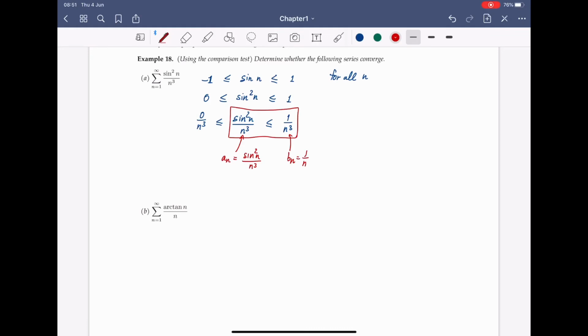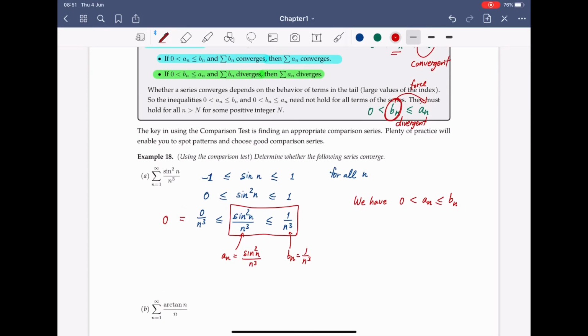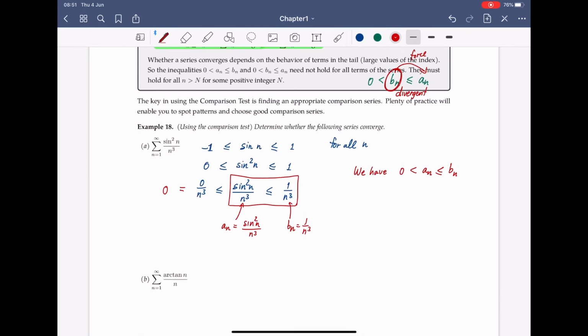Then what we have is 0 less than or equal to a sub n, which is less than or equal to b sub n, which matches the statement here. And if we know that the summation of bn converges, then we can conclude that an converges.